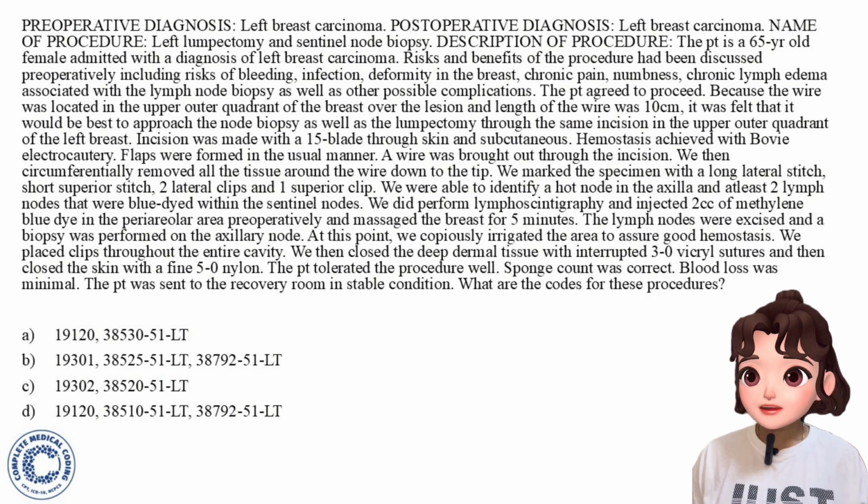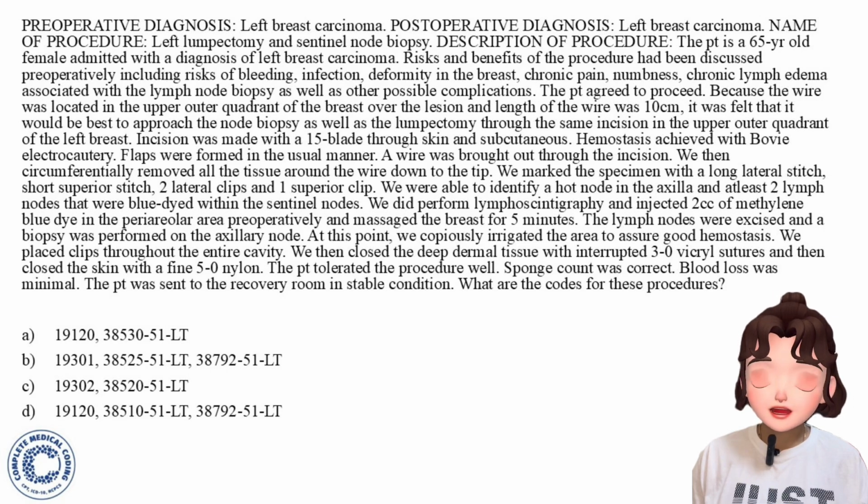We did perform lymphoscintigraphy and injected 2 cc of methylene blue dye in the periareolar area preoperatively and massaged the breast for 5 minutes. The lymph nodes were excised and a biopsy was performed on the axillary node.